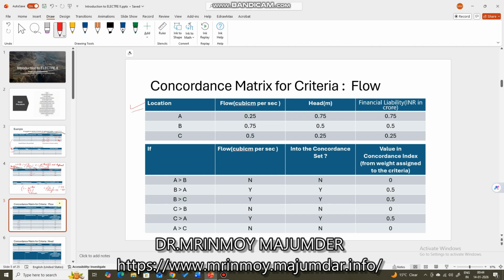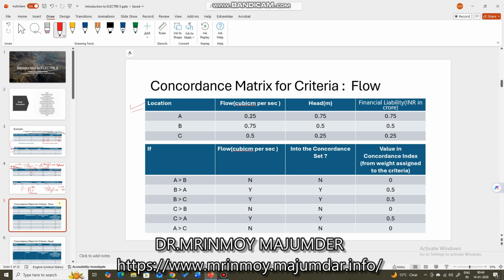Because the more the flow, the more preferred is the location, and my objective is to install a hydropower plant on that location. So you can select only those locations which are more conducive for generating hydropower. Correct? So with respect to flow, you will develop a concordance matrix. With respect to head, you will develop a concordance matrix. With respect to financial liability, you will develop a concordance matrix.